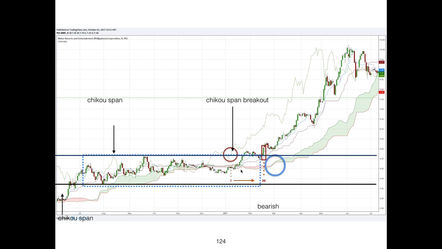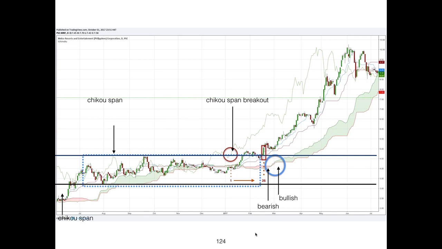Now this twist tells you that the trend was about to begin, from bearish sentiment to bullish sentiment. So the Kumo shows up before the prices do, before the prices break out.